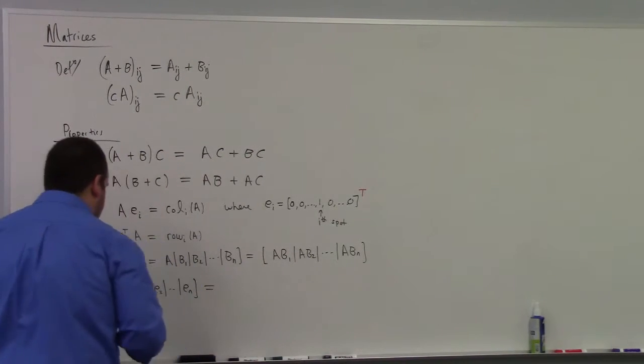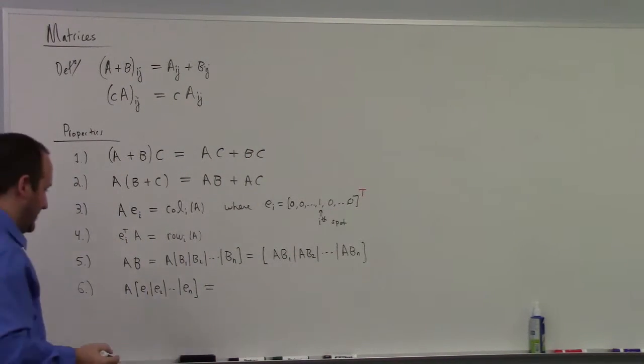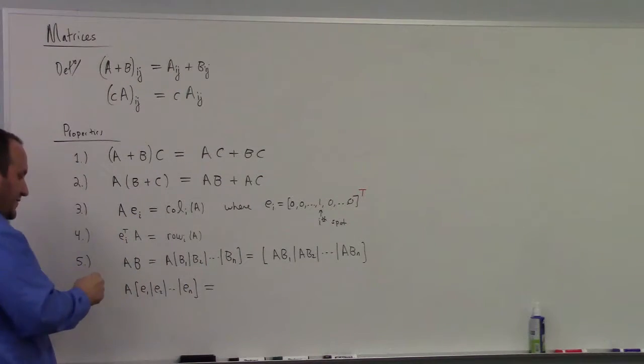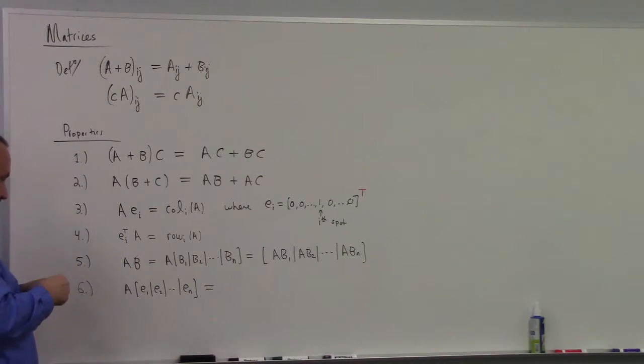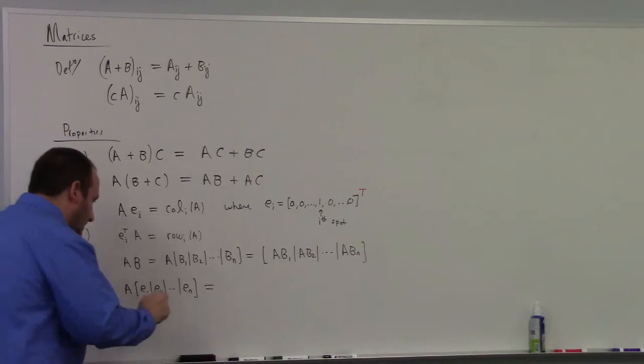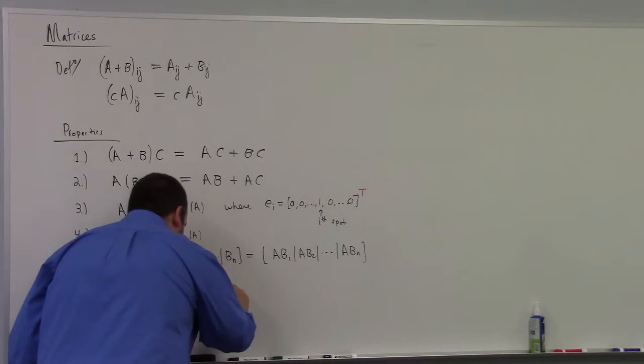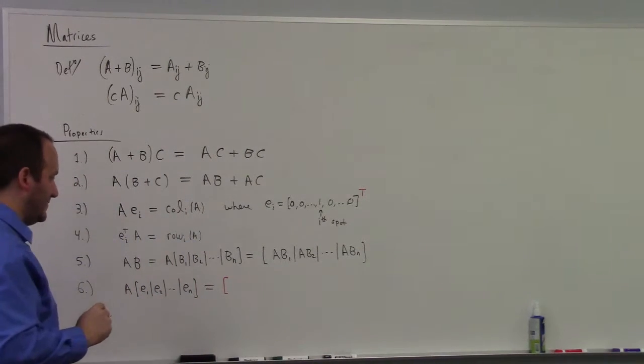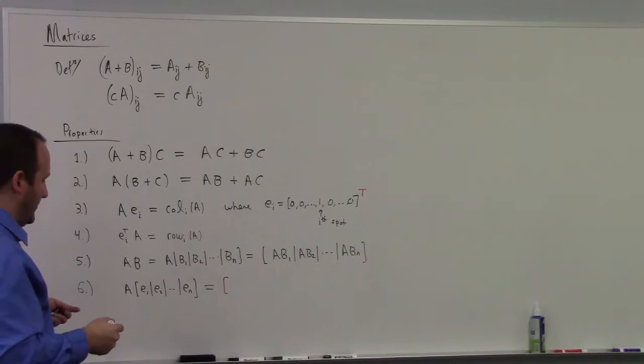I'm actually going to calculate this. By five, what is this? If you believe me about five, and if you don't, I can prove it to you, but that would be beside the point here.